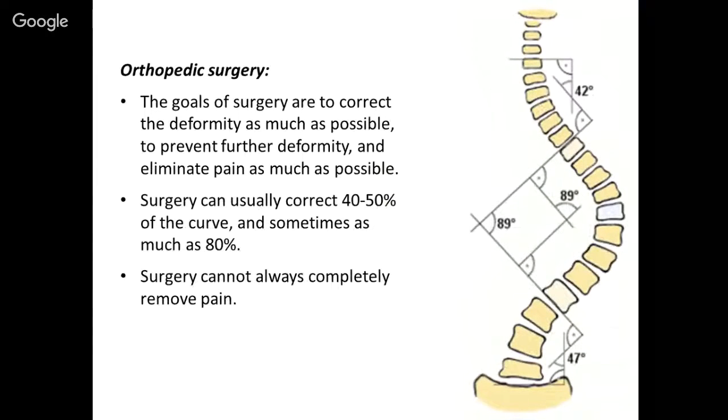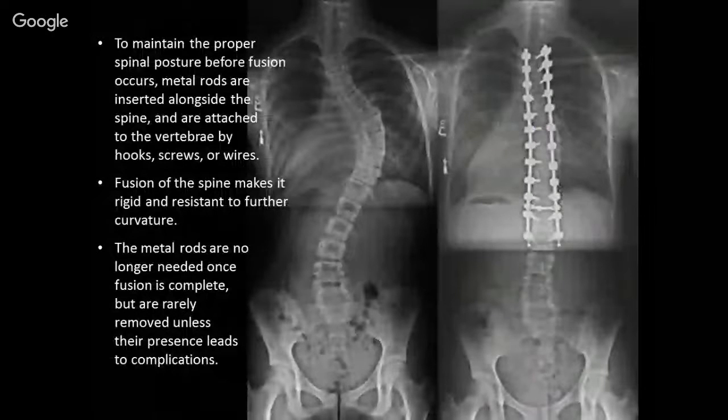Surgery goals are to correct the deformity as much as possible, to prevent further deformity and eliminate pain. Surgery can usually correct 40 to 50% and sometimes as much as 80%. It cannot always completely remove the pain. So here's an image of the rods that have been inserted surgically.